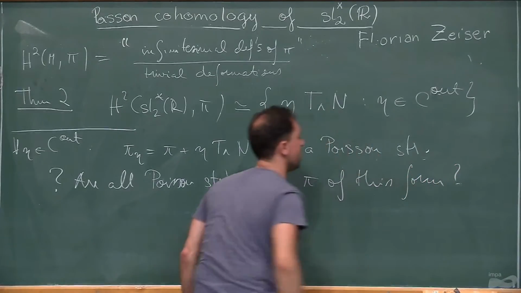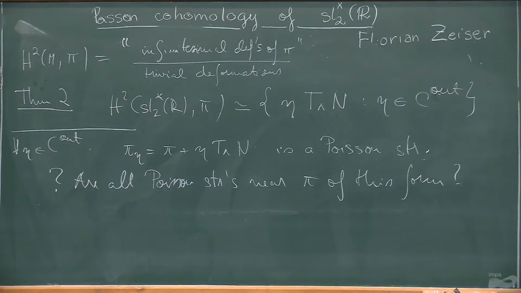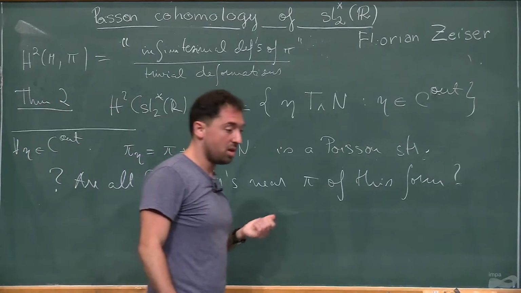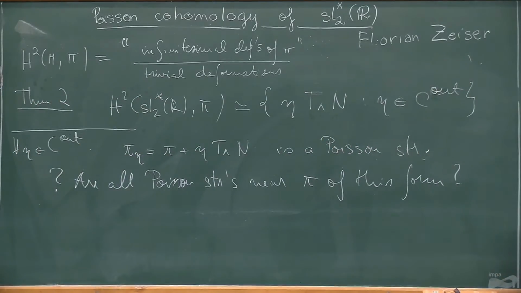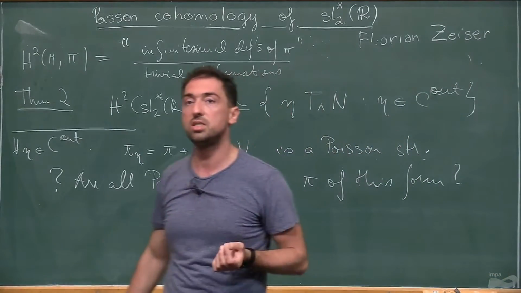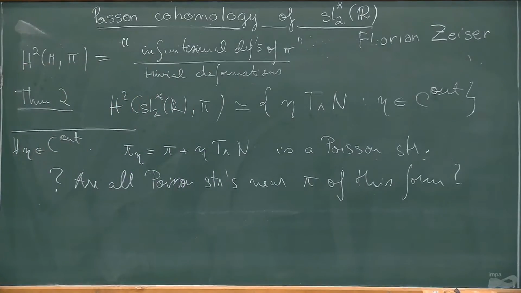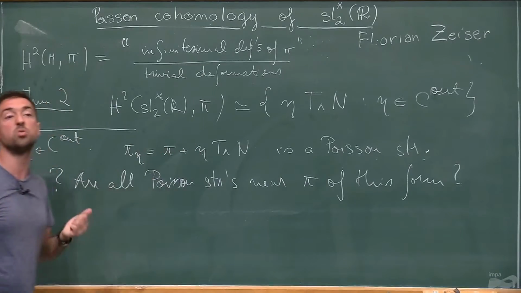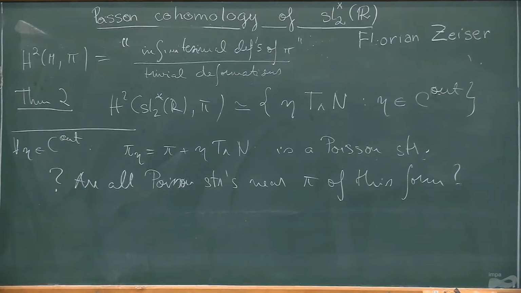This is something which we don't really know. And another way to ask this question is, if you start with a Poisson structure which has a zero, and at that zero the isotropy Lie algebra is SL2R, will it be isomorphic to one of these structures?